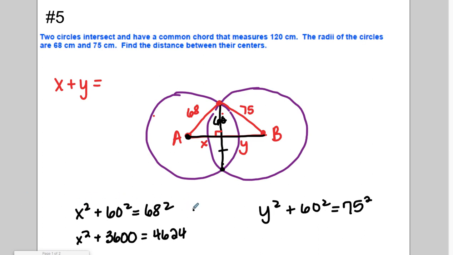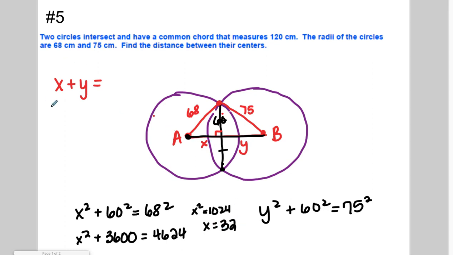So I've got x squared equals 1024. So then x equals, I'm going to take the square root of that. Hold on, I'm having trouble. That gave me 32. Okay, so x was 32.